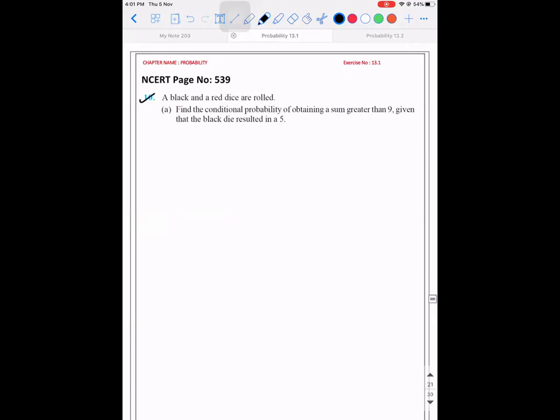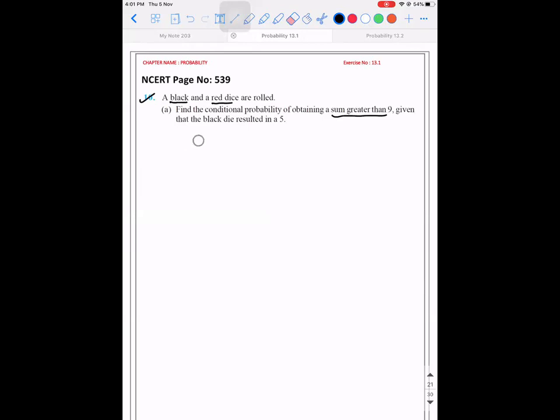A black and a red die are rolled. Find the conditional probability of obtaining a sum greater than 9, given that the black die resulted in a 5. Since we are used to E and F, we will define the event E. So what are they asking?